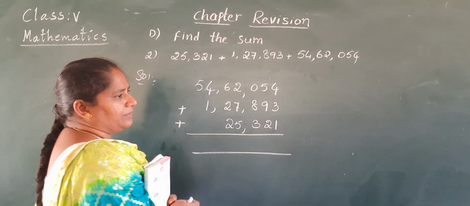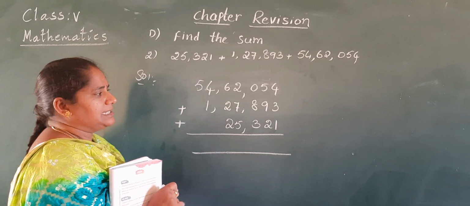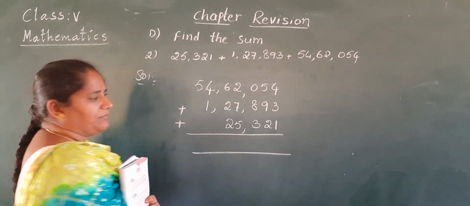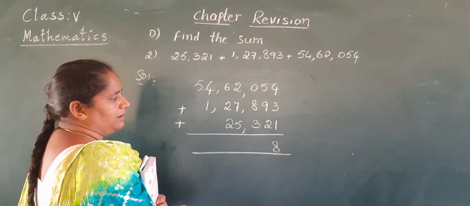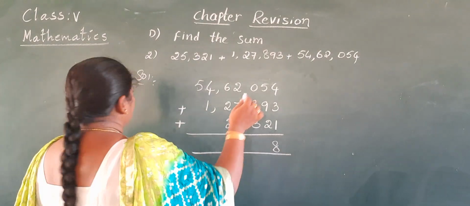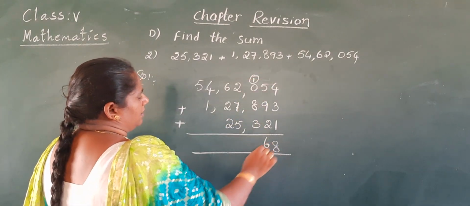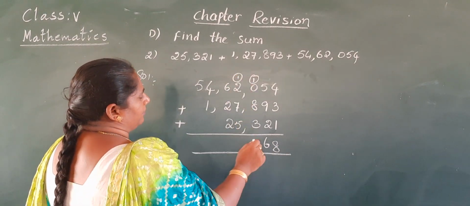4 plus 3. 4 in the mind, take 3 fingers, 4, after 5, 6, 7. 7 in the mind, take 1 finger, 7, after 8. Now 5 plus 9, 14. 14 in the mind, take 2 fingers, 14, after 15, 16. Take 1 finger, 8, after 9. 9 plus 3, 12.